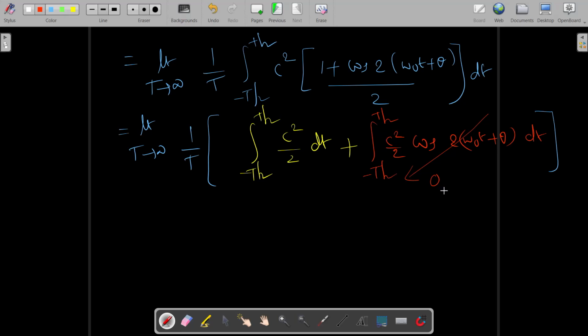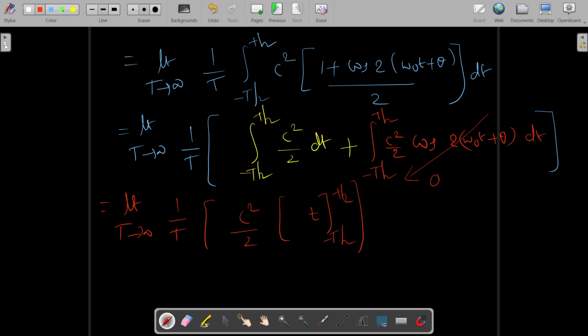So with that observation, the final answer is going to be limit t tends to infinity 1 by t, and c squared by 2 is constant, and the integration is going to be t over the limits minus t by 2 to plus t by 2.